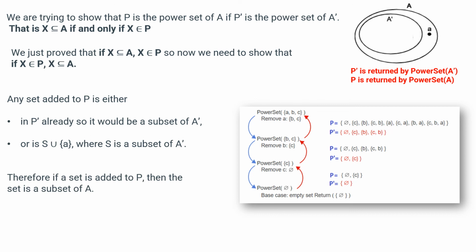So therefore, if a set is in P, then that set's going to be a subset of A, because in this first case, this first bullet point, if it was already in P prime, it was a subset of A prime, and therefore it would be a subset of A. But if it's the second bullet, then we know that S is a subset of A prime, and then all we did was add in one little element that we know is in A. So we know that also would be a subset of A. Now, I don't know if this is making any sense to you at all.